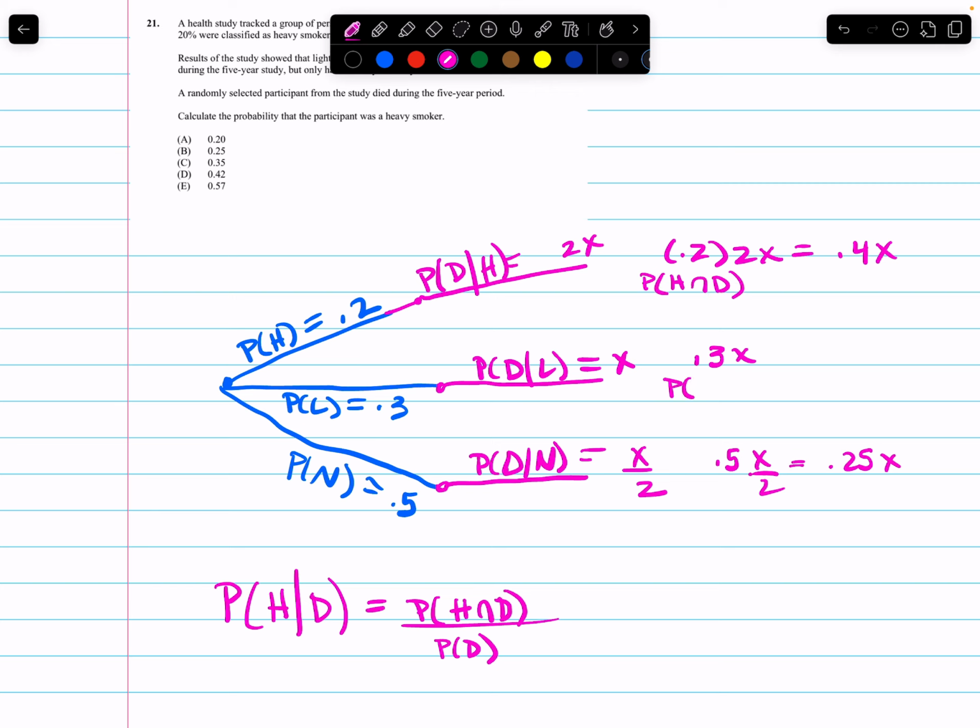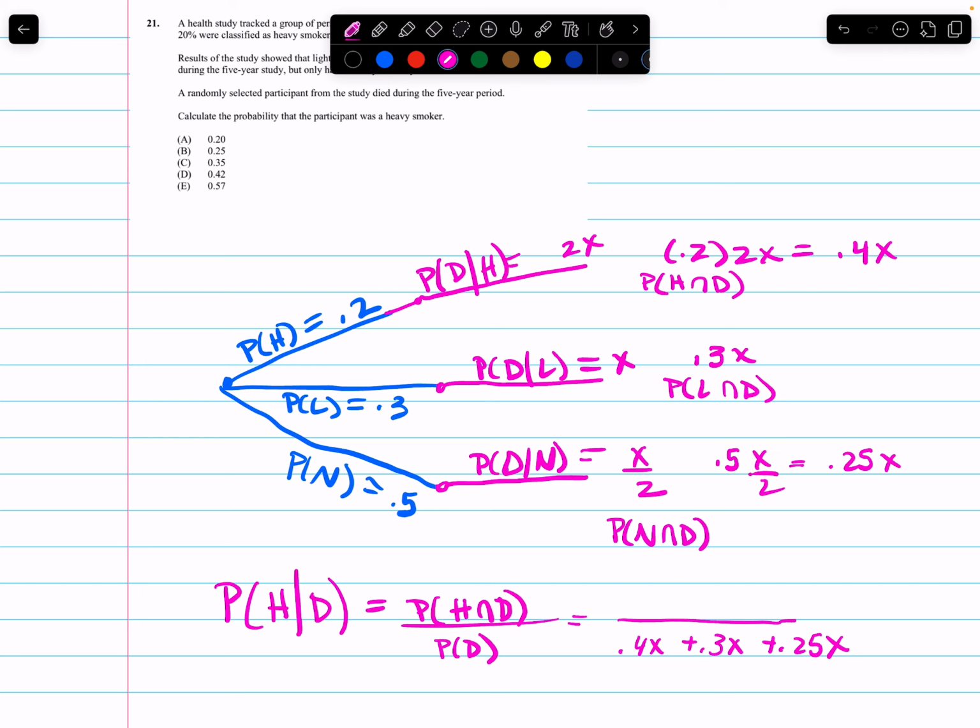This tells us the probability of light smoker and dying, and this last one tells us the probability of a non-smoker and dying. Those are all the ways that dying can occur, so you add them all up to get the probability of dying. So 0.4x plus 0.3x plus 0.25x. That's the probability that you die.